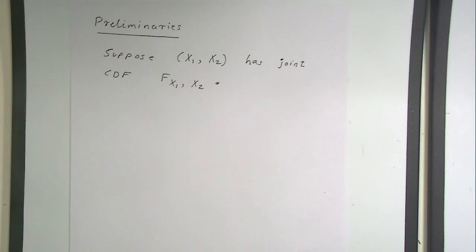In the bivariate case, you have two random variables coupled together, and you say that they have a joint distribution with the CDF F(x1, x2).